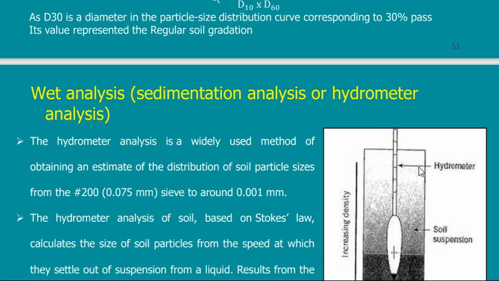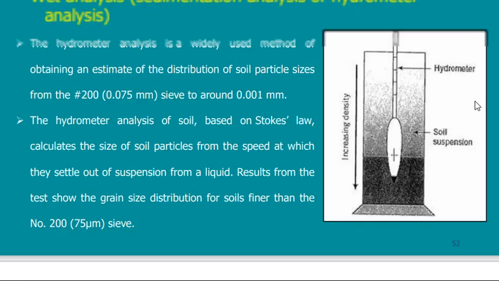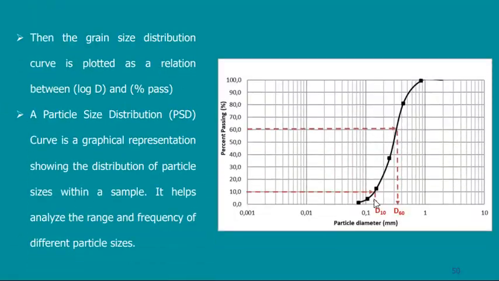This can be transferred into the continuation of the test. You see here, this test ended here, but if I do the hydrometer test, I can continue this graph a little bit further. So usually in any test, you find that this part is a solid line, then it is completed with a dotted line. It means that this part was brought from another experiment, which is the hydrometer test.